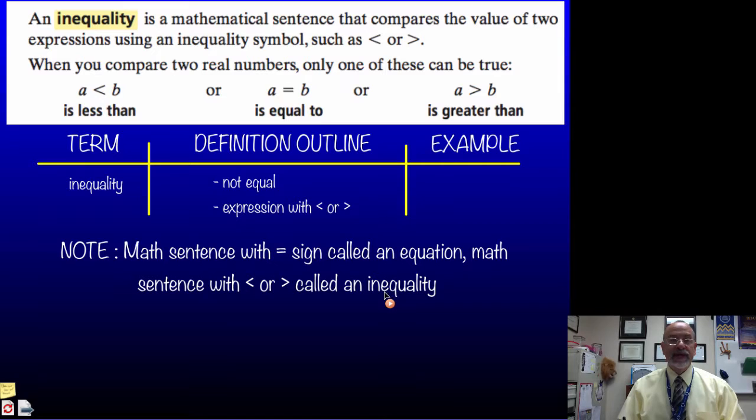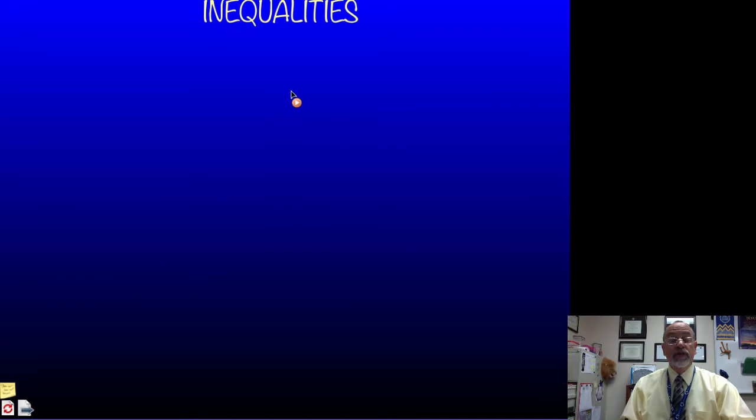The nice thing about it is we really don't have to learn anything new in terms of how we solve them. We'll cover that in the next lesson, but this is all we need to know, the difference between what an equation is and what an inequality is, and it simply comes down to the symbol that we see in the expression. Now, a few notes about inequalities.